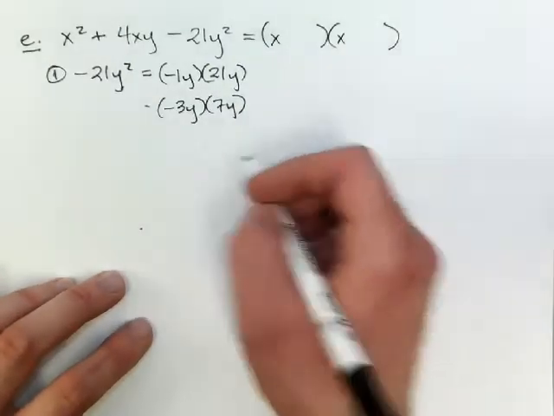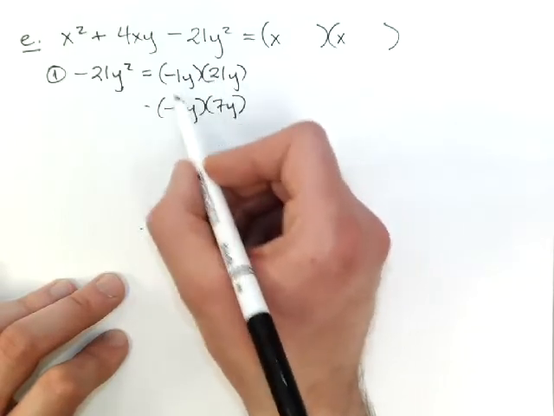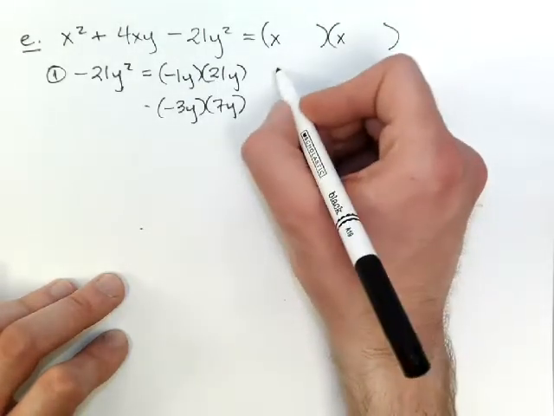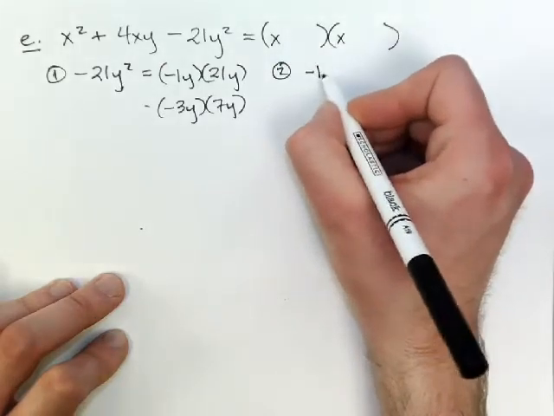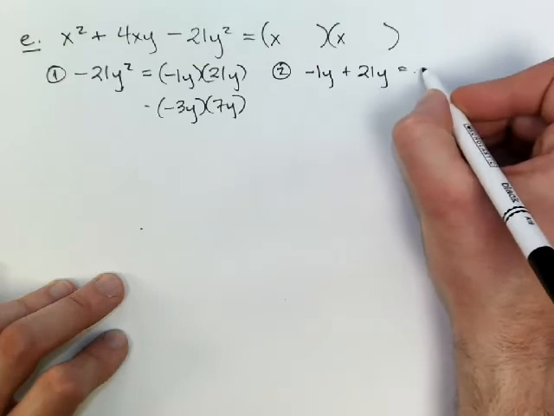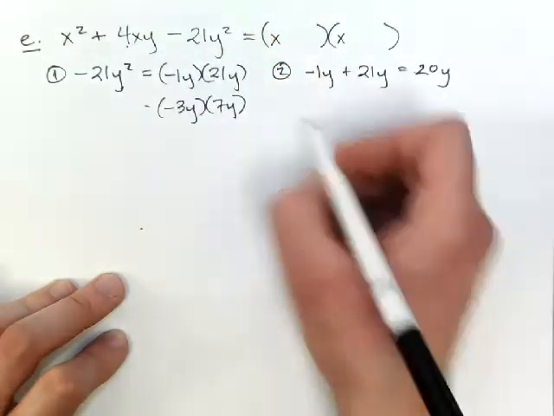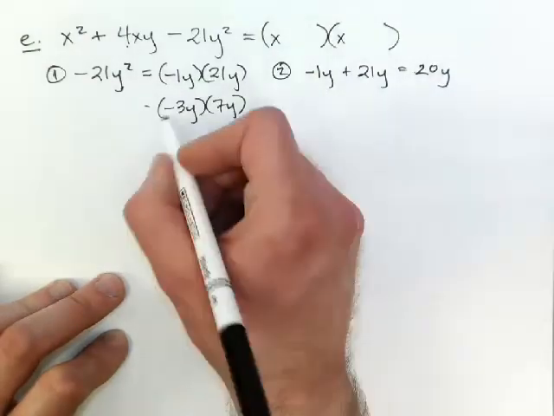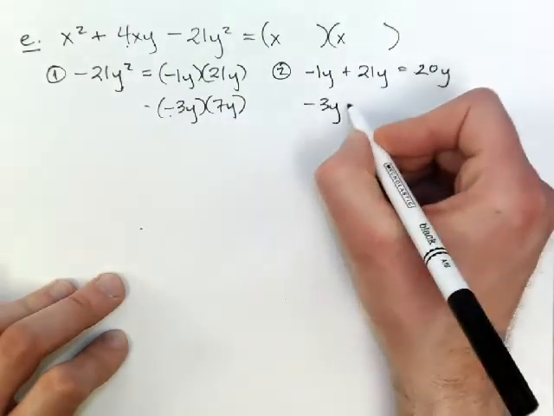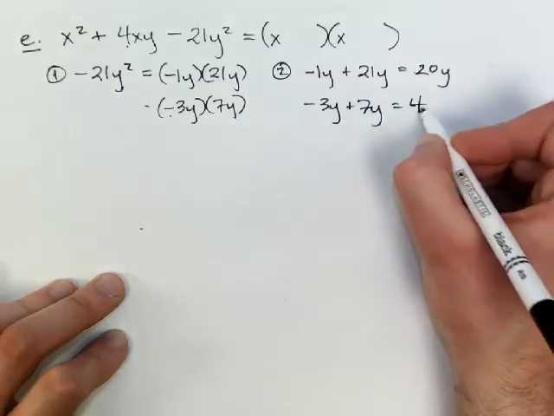I think we can see that that first one probably won't work. Try it out: minus 1y plus 21y is going to equal positive 20y. We need a positive 4y. If we take negative 3y plus 7y, there we would add up to positive 4y.